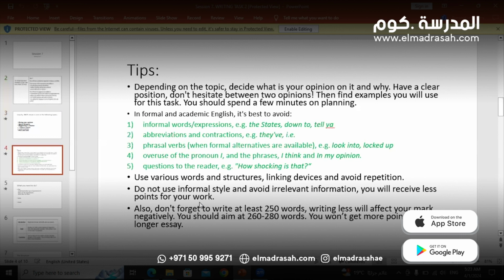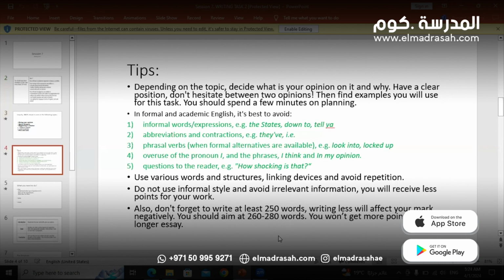In this task, you should follow some steps relating to spelling and grammatical structures. And the most important point is writing at least 250 words. So your minimum of writing here is about 250 words. If you want to write more than this, it's okay, but don't write less than 250 words.